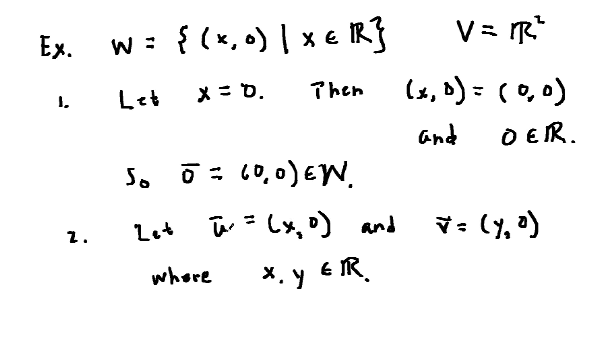I just picked two arbitrary vectors, u and v, from W. Now I want to add u and v.